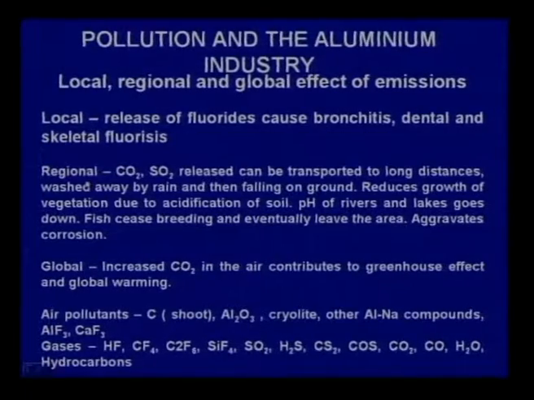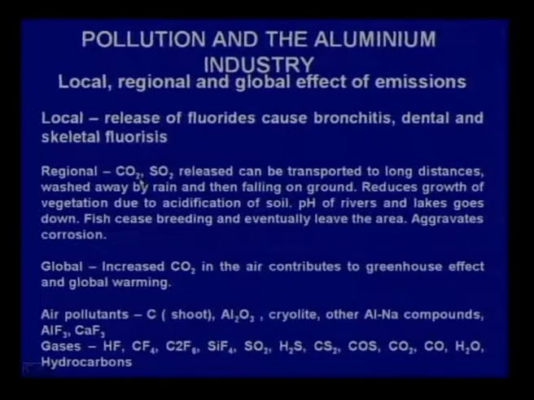Then there is the regional effect. Regional means say several kilometers around the plant site. Pollution effects will come from CO2, SO2 released, and these gases can be transported over long distances, swept by air or washed away by rain. Rainwaters will make them fall to the ground.